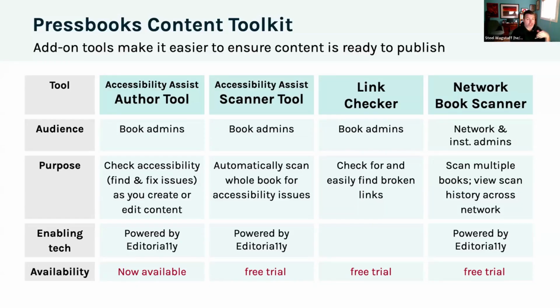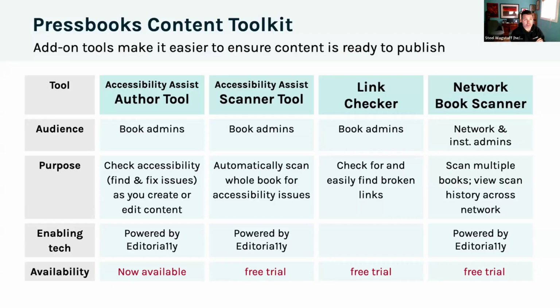There's a scanner tool so that instead of working chapter by chapter, you can press a button and it will scan your whole book. That's currently available in the trial, and hundreds of people have been using that and hopefully having good experiences, especially as people in the United States are coming up onto the new compliance date for the Americans with Disabilities Act rule from the DOJ.